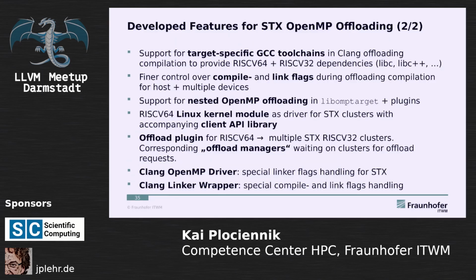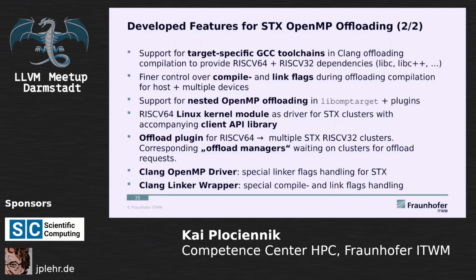Second slide. Since we are offloading from RISC-V 64 to RISC-V 32, what you typically do with LLVM is that you do not take the libc or libc++ from LLVM itself, but in the case of RISC-V, for example, you simply use GCC toolchains, which provide the dependencies for you: libc, libc++, and so on.